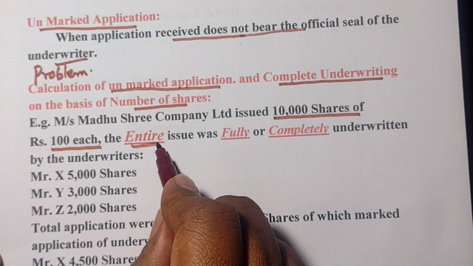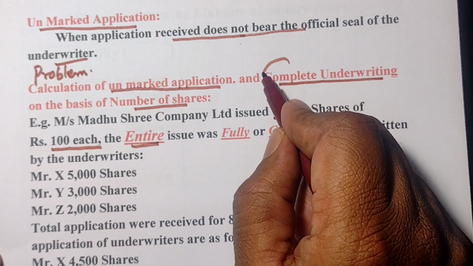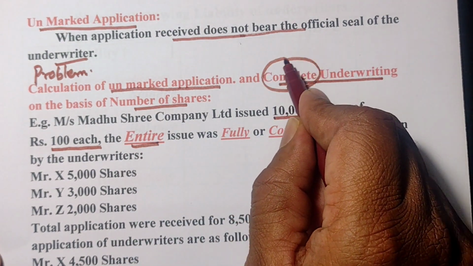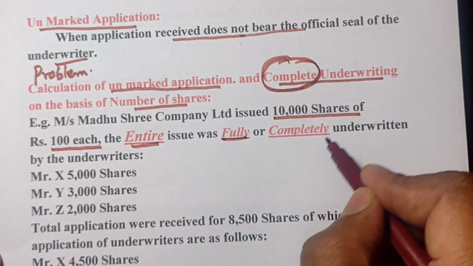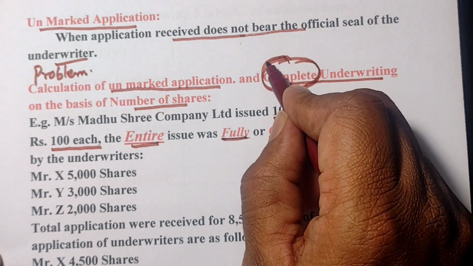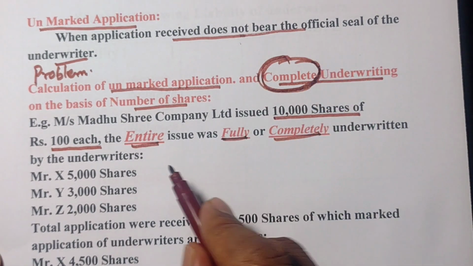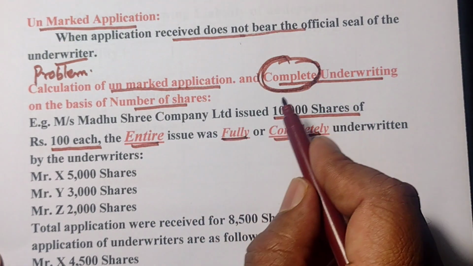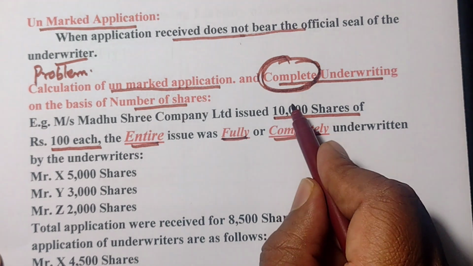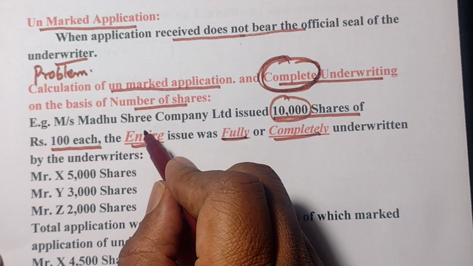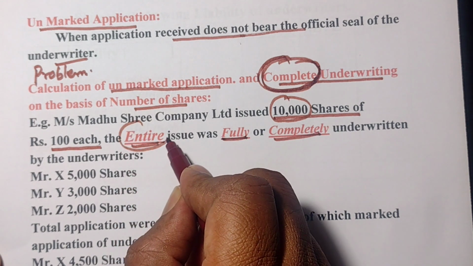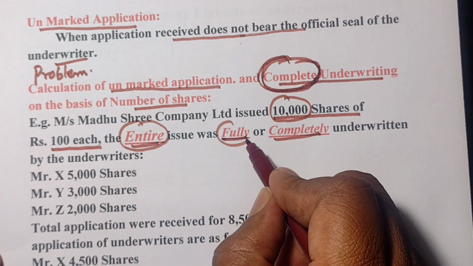The entire, meaning complete, fully, completely. Three different words will be given. So the entire issue, the number of shares issued by the company, is 10,000. The entire 10,000 shares are underwritten by three underwriters.